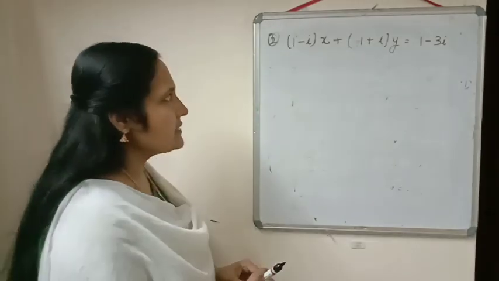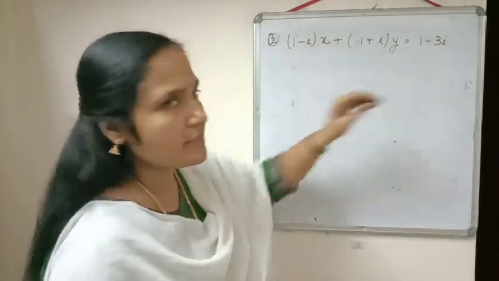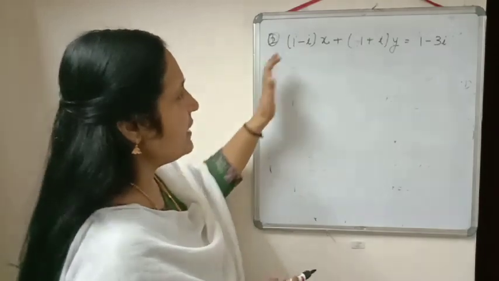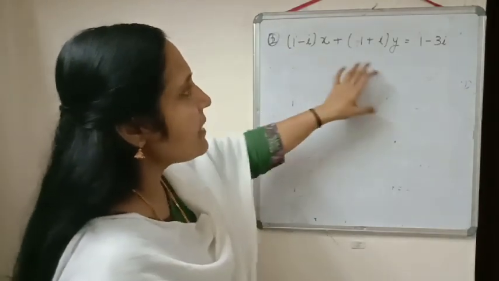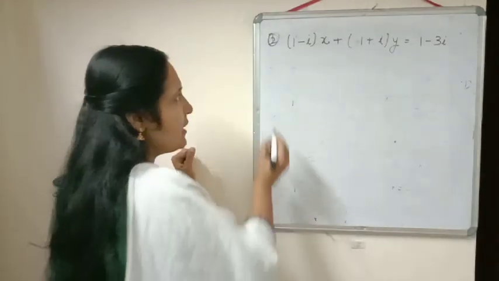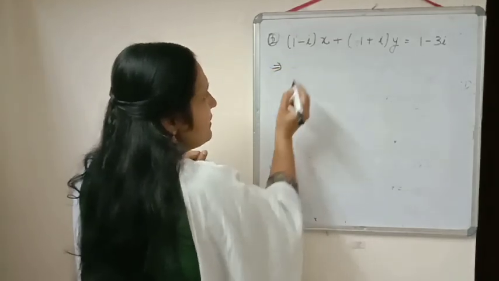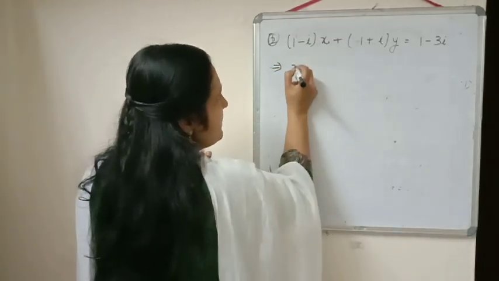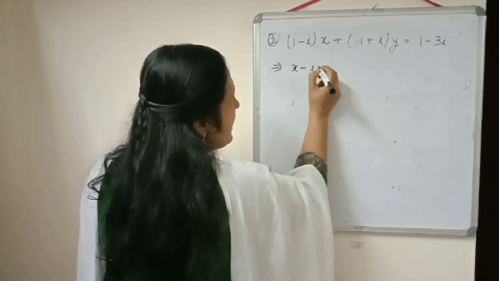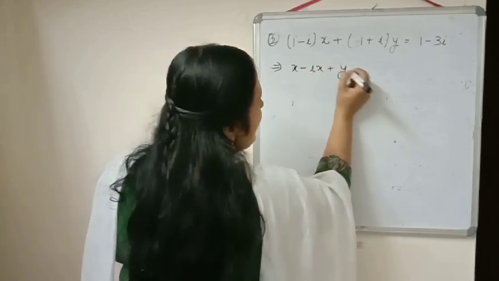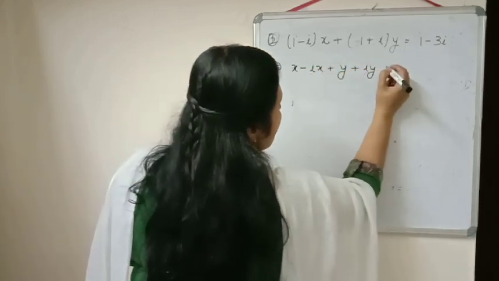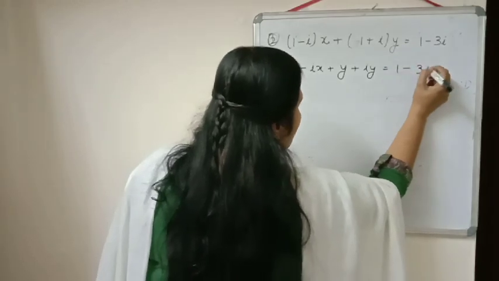Again, information is given. These two complex numbers are equal. But here, real part and imaginary part are not written separately. So first we can rearrange it. Just multiply here, then it will be equal to x minus ix plus y plus iy is equal to 1 minus 3i.